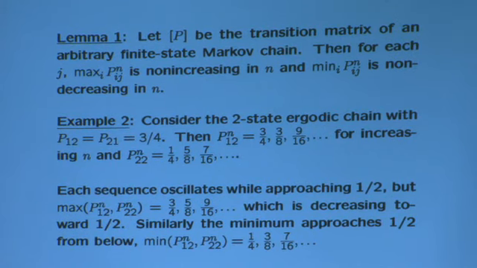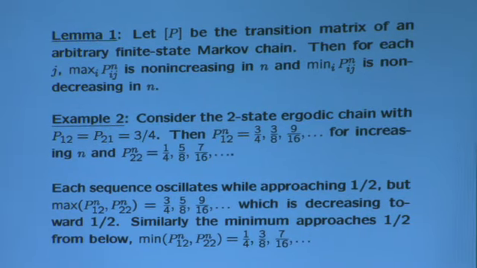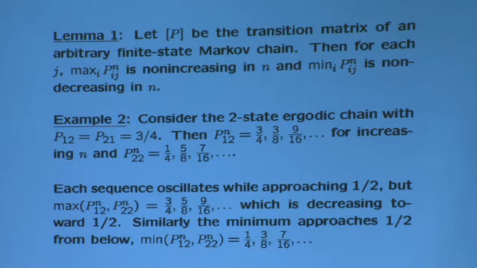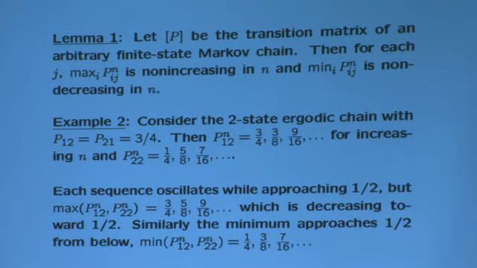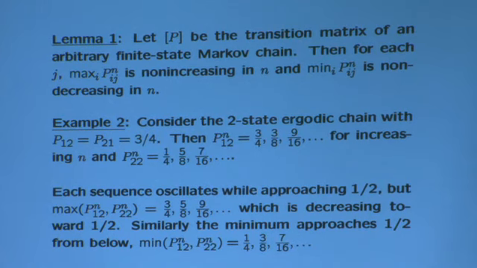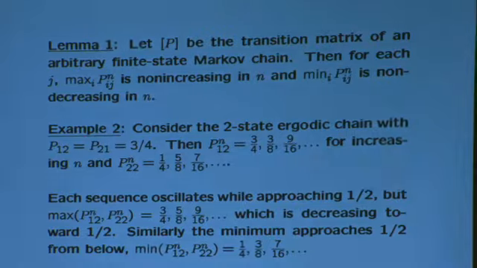The 9/16 and 7/16, the 9/16 will be the maximum. Then similarly, we compare and take the minimum, and the minimum is 1/4, 3/8, and 7/16. So we see that the maximum starts high and then decreases toward 1/2. And the minimum starts low and then increases to 1/2. So this is exactly this one here.